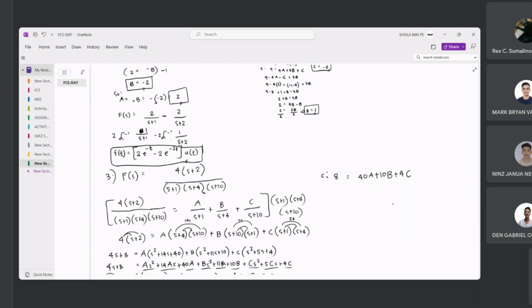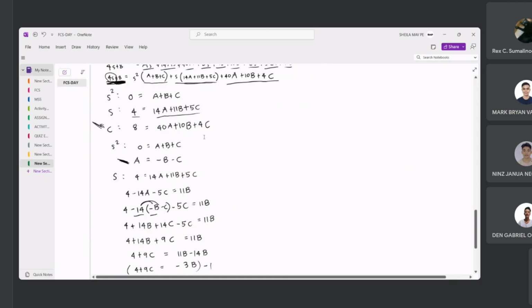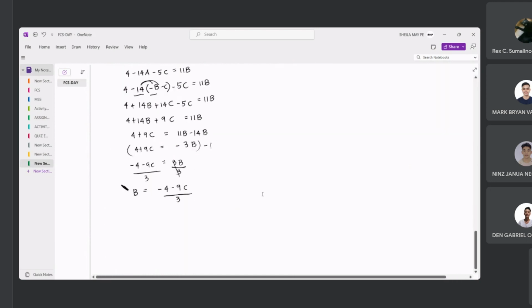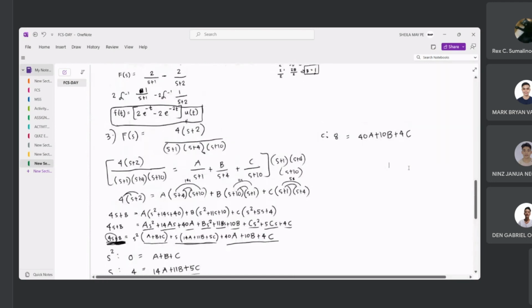Now, we already got the equation for A and the equation for B. So the remaining one is the constant, so automatically, C is what we will find. Okay, I want to find C for this one. So from here, 8 minus 40A minus... Everything without C, move to the other side so that only 4C remains. So, 40A minus 10B equals 4C.